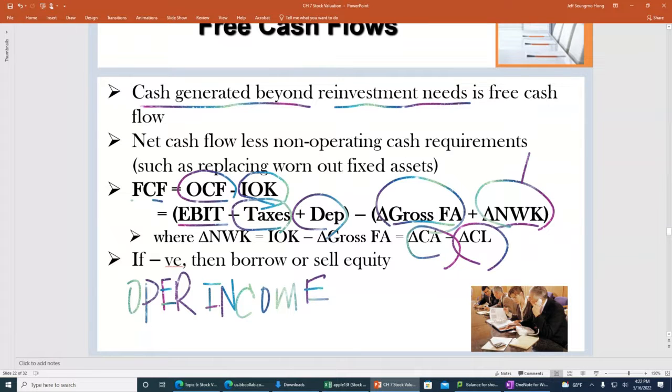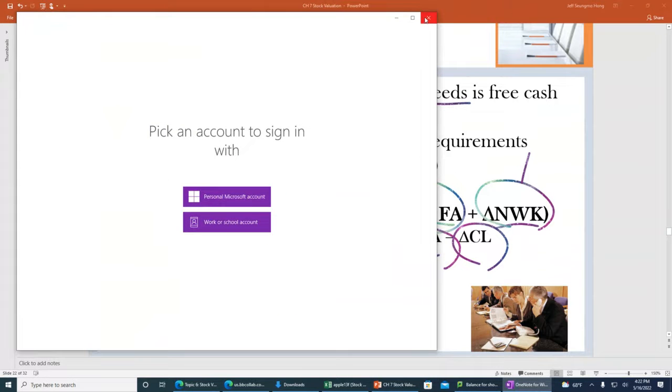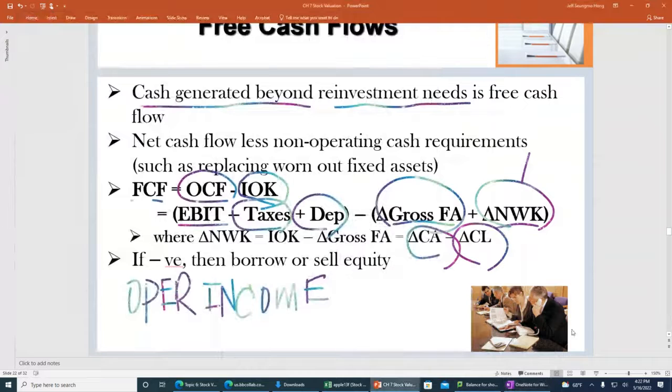Although depreciation is put into the expenses section, the operating expenses, right? In the income statement, if you remember, again, I cannot open this. So in the income statement, you remember income comes from two sources, right?